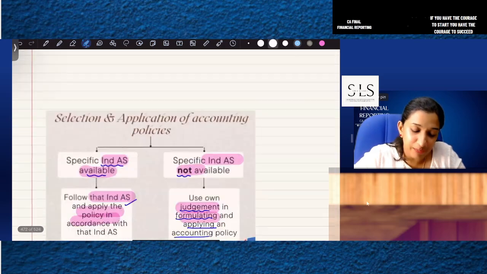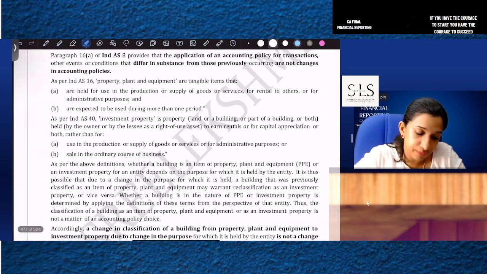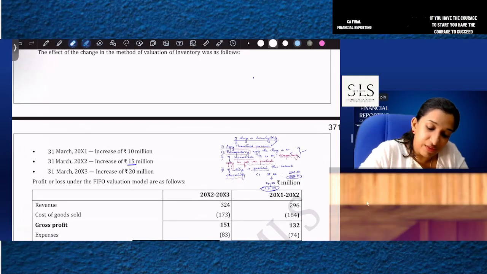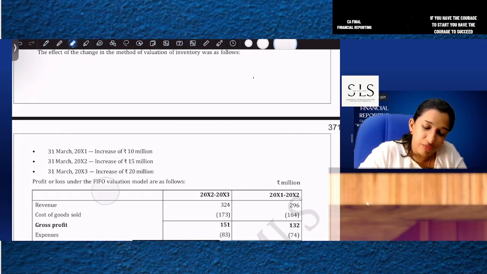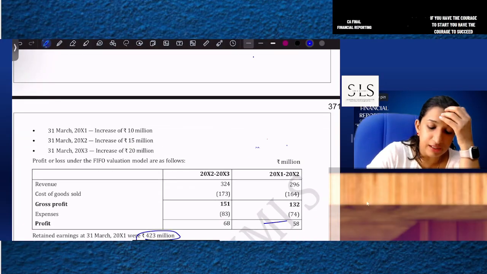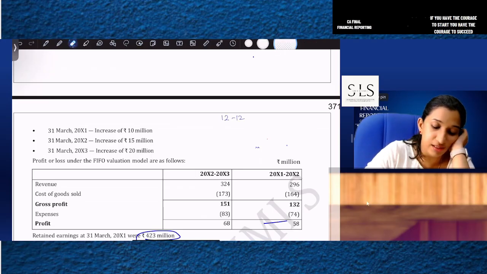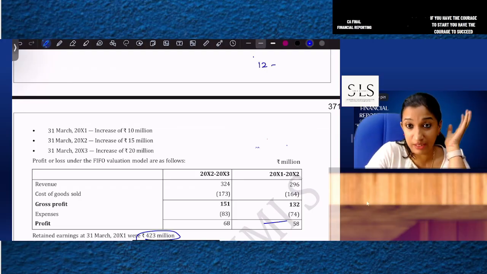Now let's try that question number 2. Let's answer it. So what is given in question number 2? We change from FIFO to weighted average. Current year is 12-13.